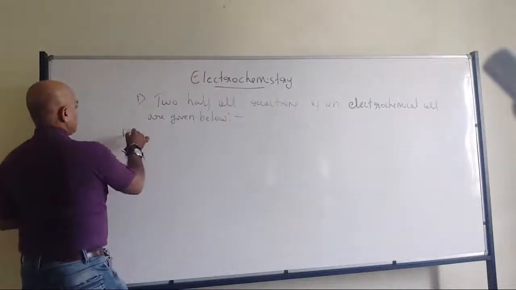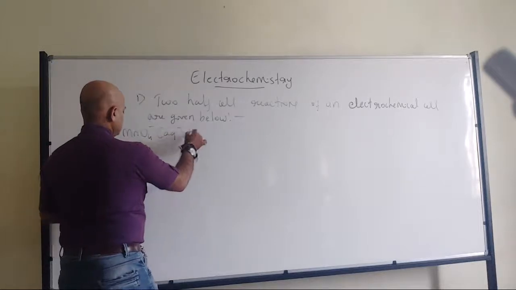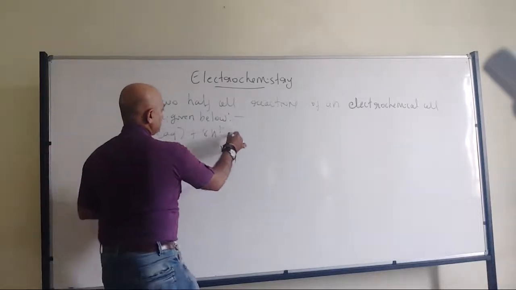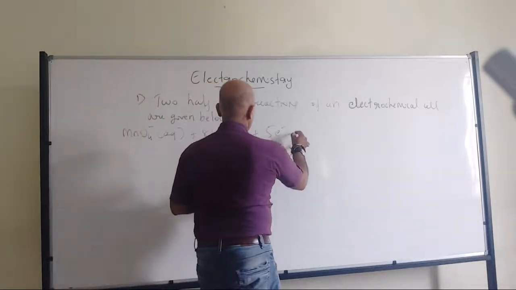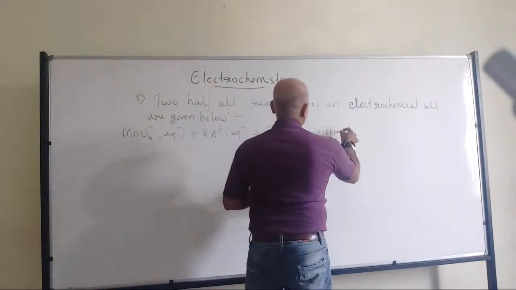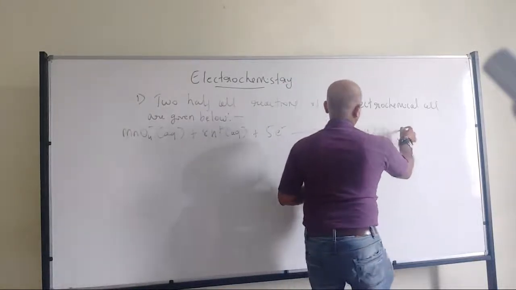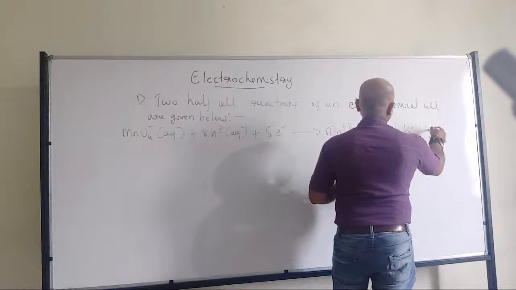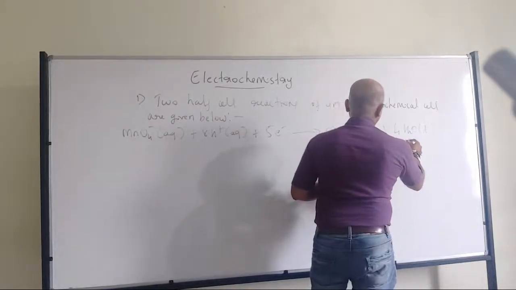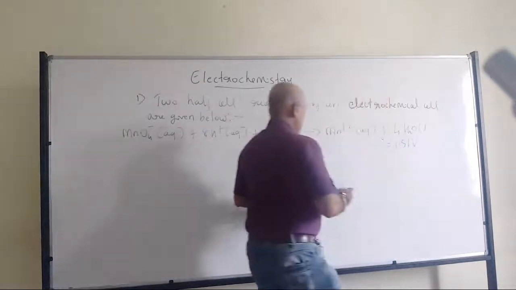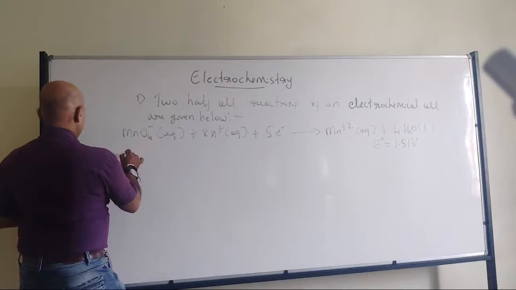First one, this one you have discussed in your redox reaction: MnO4 minus aqueous plus 8H plus aqueous plus 5 electrons becoming Mn 2 plus aqueous and 4 H2O liquid. So here the E naught value is 1.51 volt.